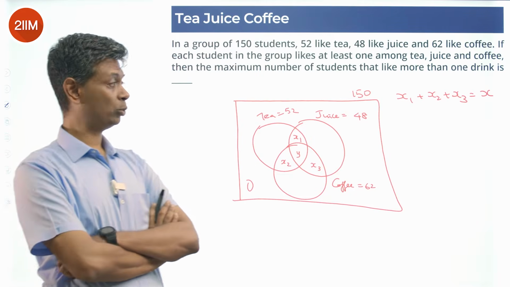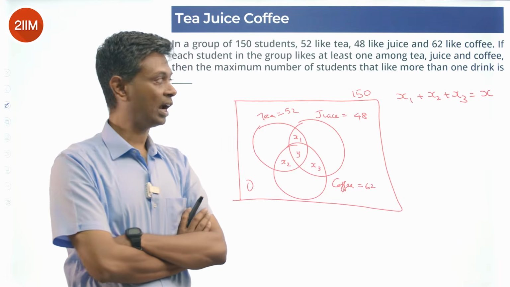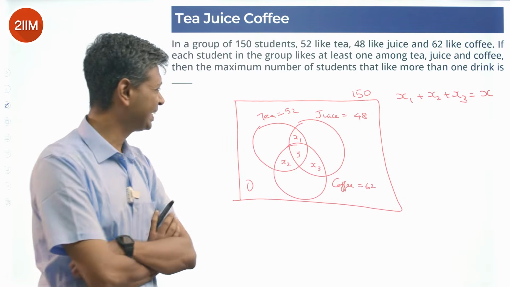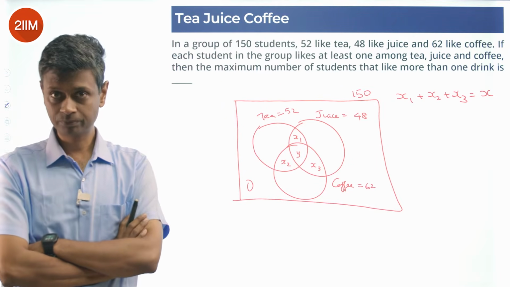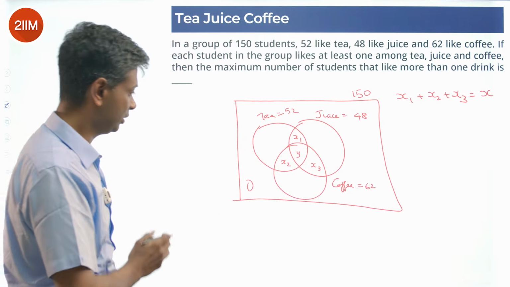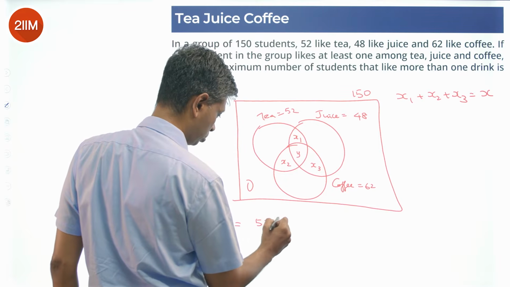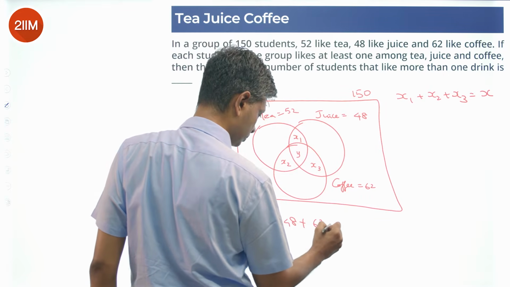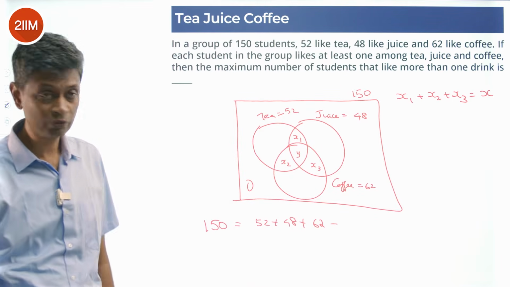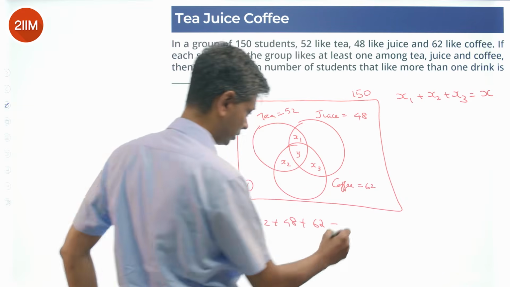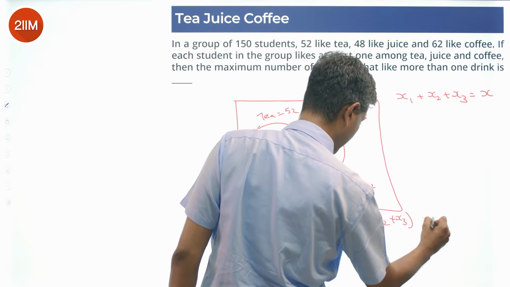So we have the number of people who drink tea, juice, and coffee. The total number of people that drink at least one of the three is 150. Exactly 2 of the 3 are x1, x2, x3, and all 3 is y. So I can think of 150 as 52 plus 48 plus 62 minus, since I double count x1, x2, x3, I say minus of x1 plus x2 plus x3, minus 2y.